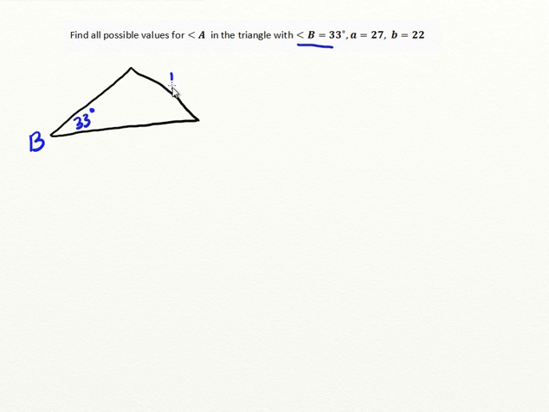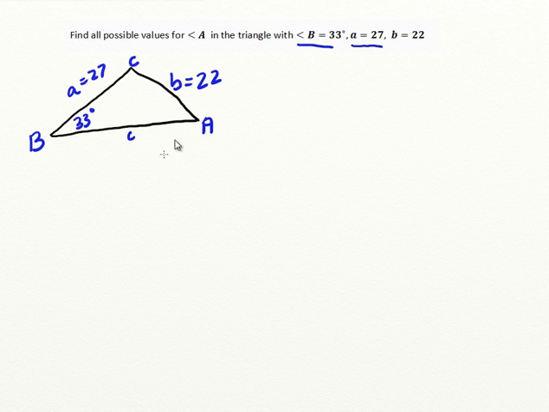That makes this side, side b, and it has a length of 22. The next side, a equals 27, I'm going to place on the top side here. Doing that makes this vertex A, and this leaves me with vertex C here and little c here.